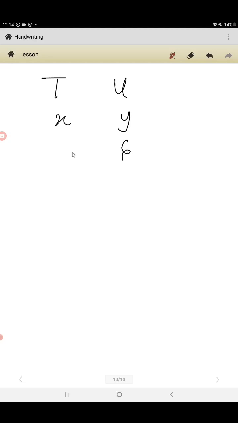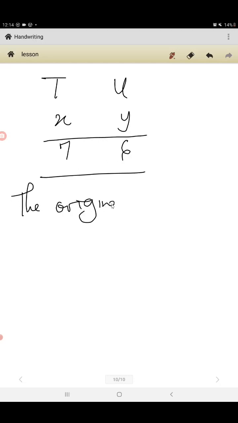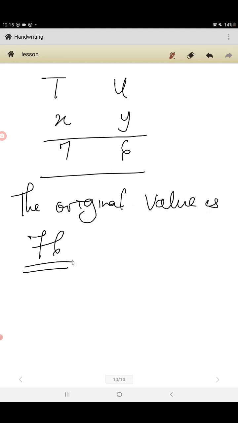Our x is 7. So the original value, as I started earlier, is 76. So that is how we form the question.